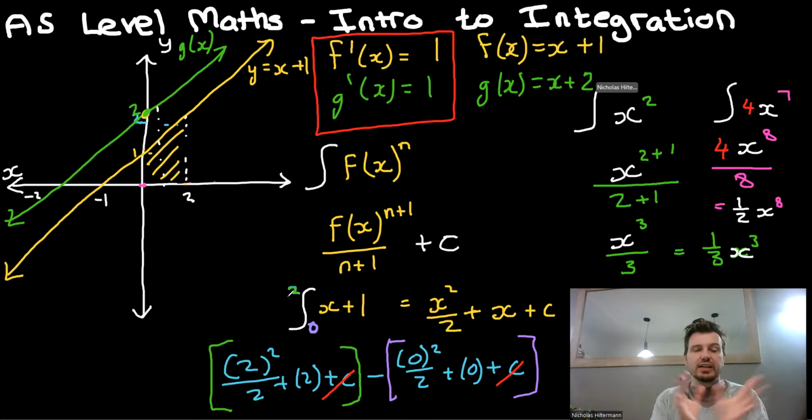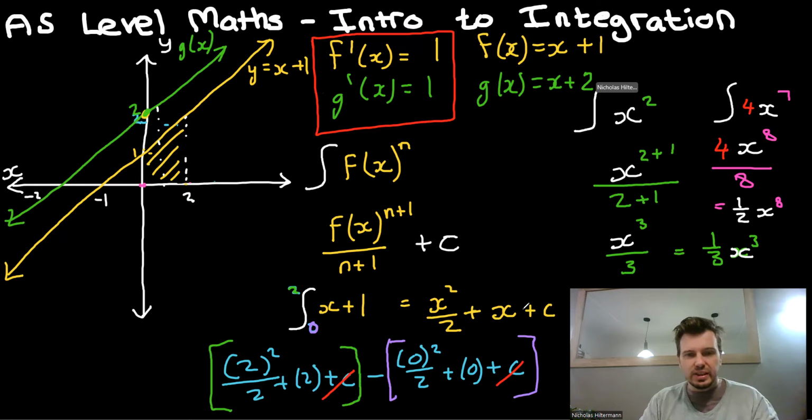So when you find the indefinite integral, you're always going to have to write your c in. So before we wrote the 0 and the 2 there, we just found our indefinite integral, the x squared over 2 plus x plus c.